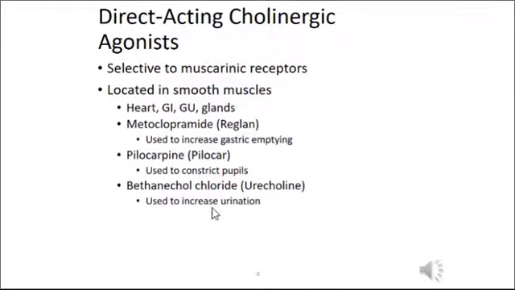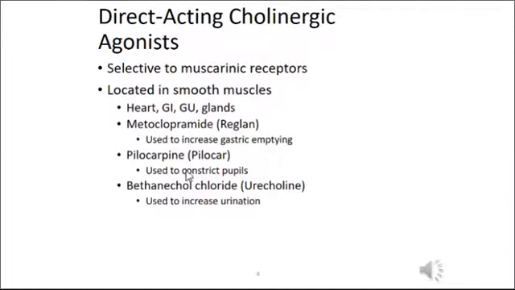Some others: pilocarpine is used in drops to constrict your pupils. Remember, this is cholinergic. If you picture what your parasympathetic or cholinergic system does, it constricts your pupils, stimulates salivation, decreases respiratory rate and heart rate, slows down everything.